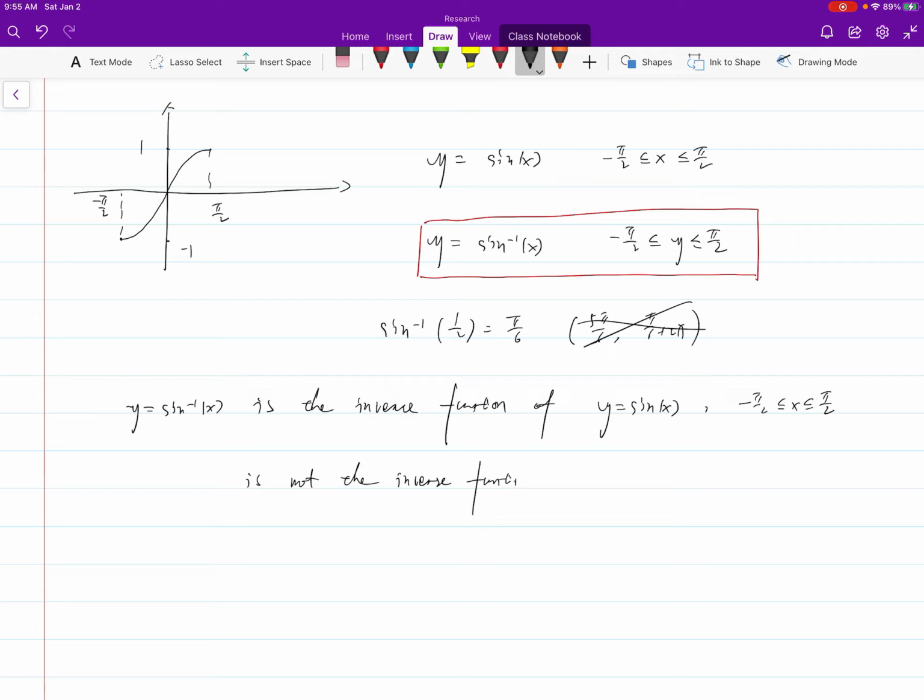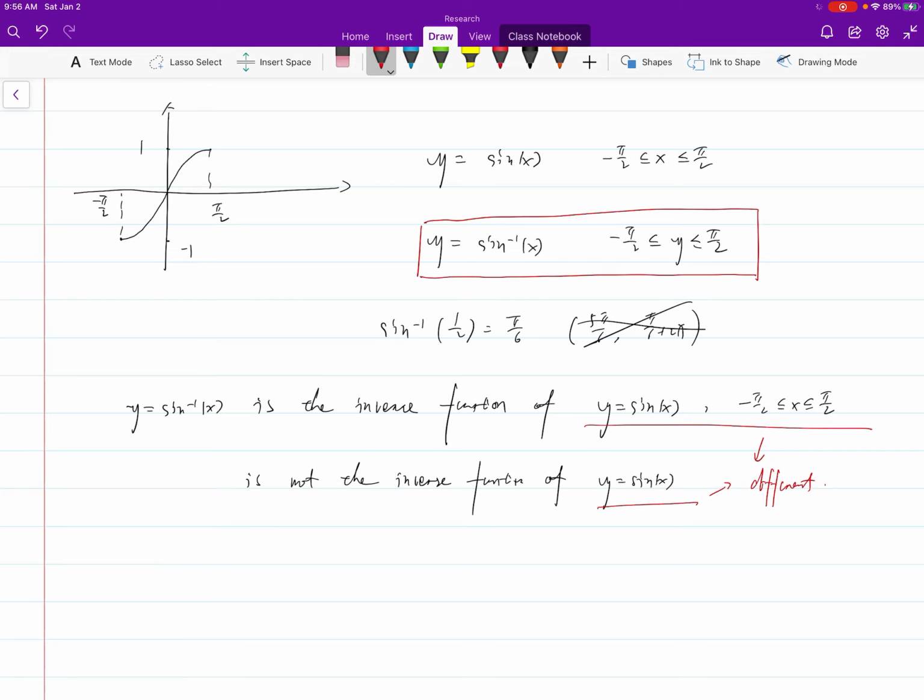So it is not the inverse function of sine x, because sine x does not have an inverse. But sine x with its domain restricted has the inverse function. Okay, they are different functions. This function here and this function here, they are different.